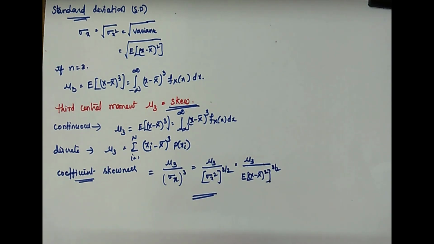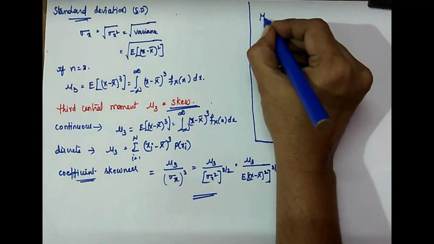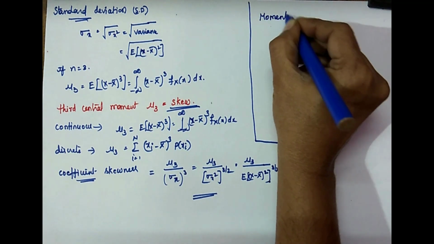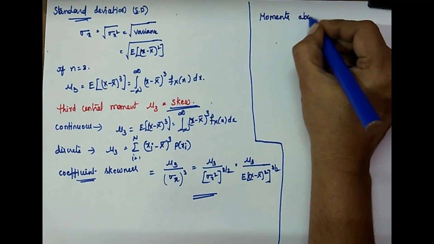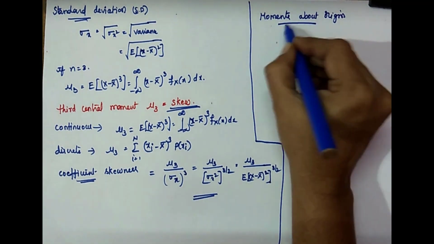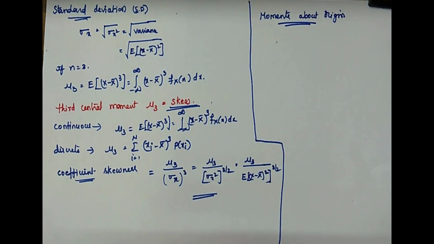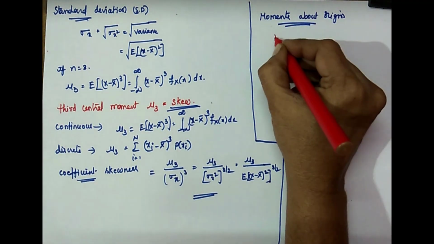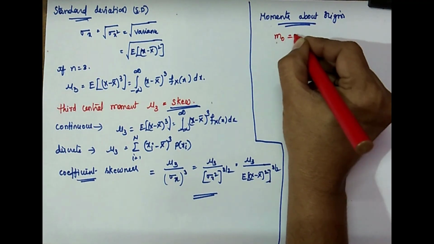Okay, this is the concept of moments about mean, or central moments. I'll write the summary. Moments about origin: the 0th moment m0 is 1.